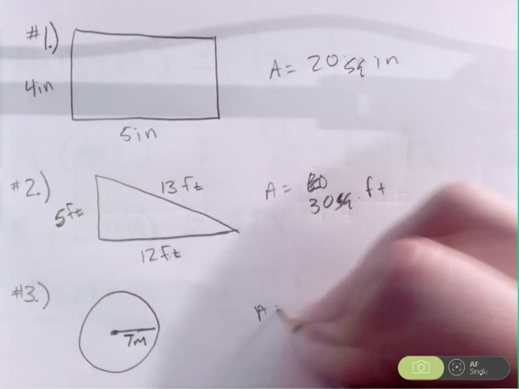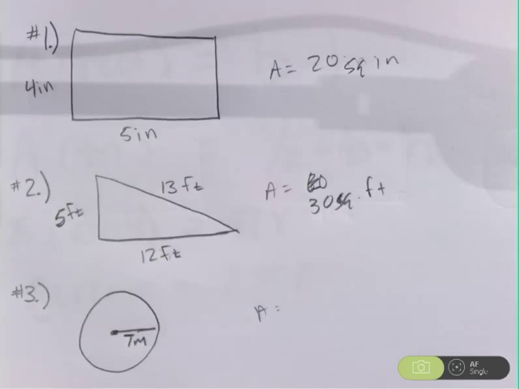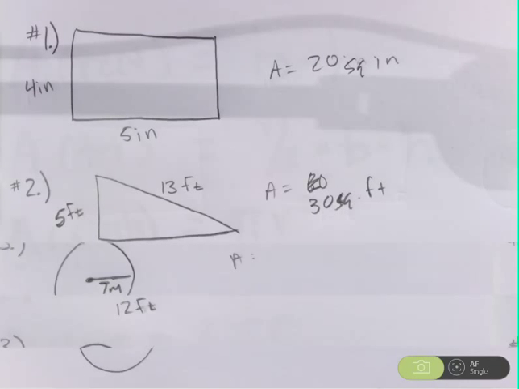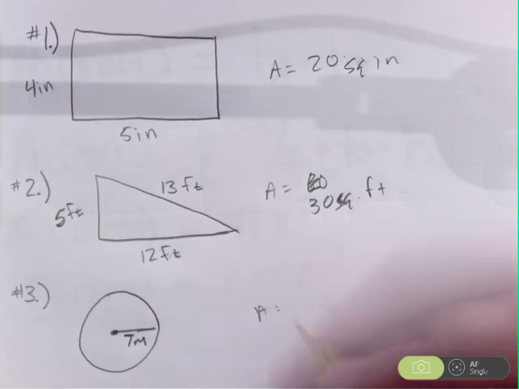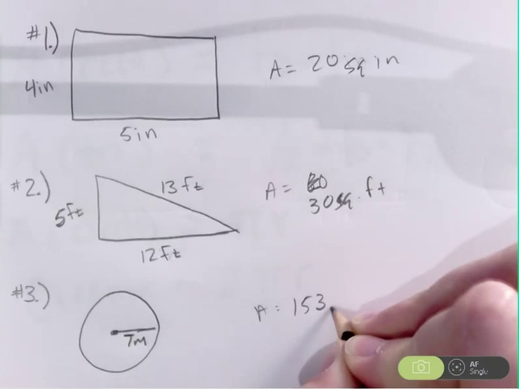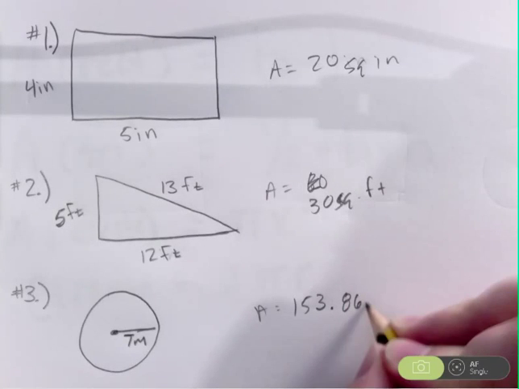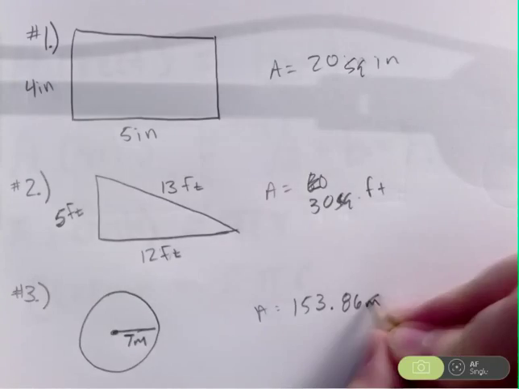And here your area is going to be 3.14 times 49, which is 153.86 square meters.